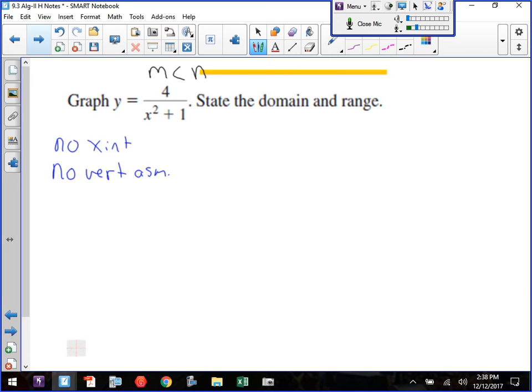Yes. If I set x squared plus 1 equal to 0, my zero would be imaginary. It's not real. We're always looking for real zeros. In this case, my numerator is less than my denominator, so my horizontal asymptote is at 0.